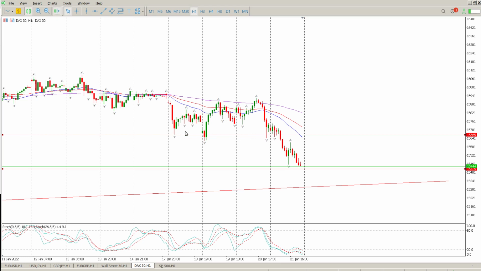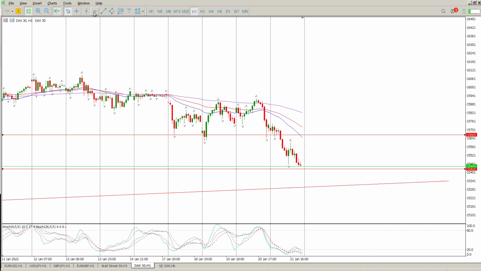So last 3 days, 4 days, we've used this area as structure. So that is the area we need to reclaim for me. So we basically need to get above 15665 and hold that level before we start looking for opportunities to the upside.